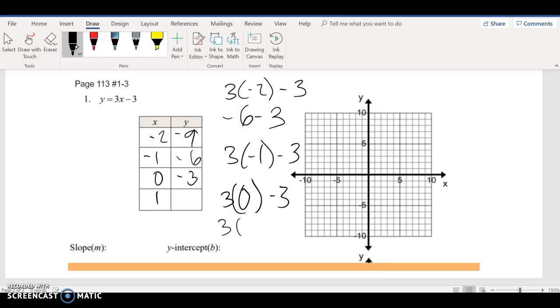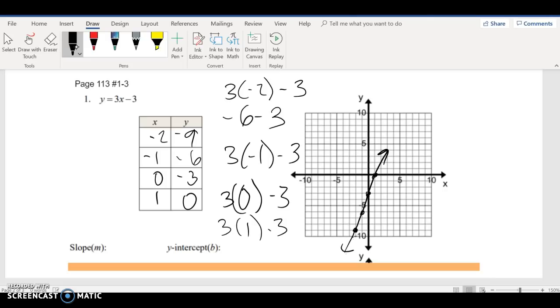And 3 times 1 minus 3 gives me 0, which means I'll have -2, -9. Okay, I'll have -1, -6. I'll have 0, -3. And 1, 0. Go ahead and graph that.